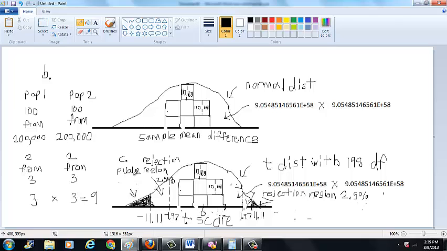Or you can label it as, this one is 1/2 of the p-value, and this is 1/2 of the p-value, because these two areas add up to our p-value.